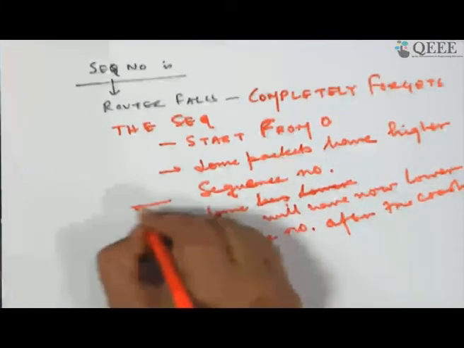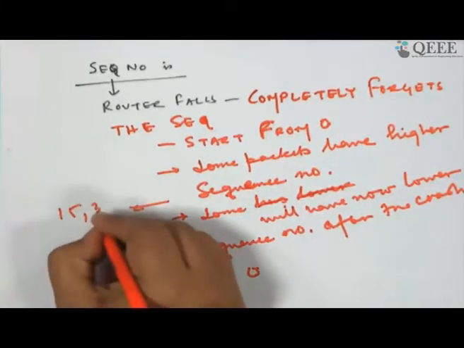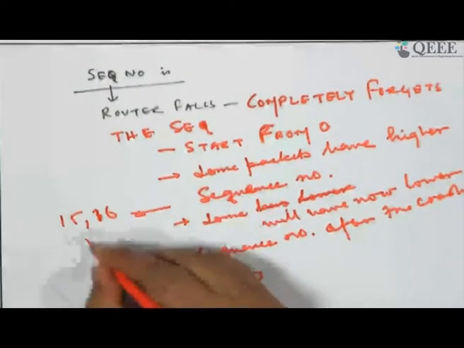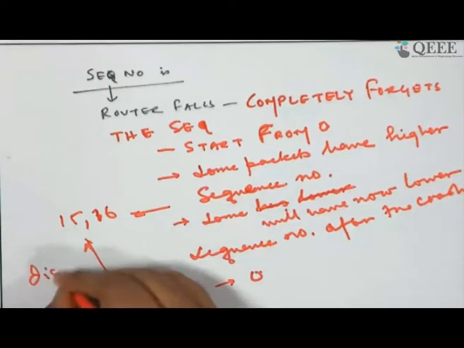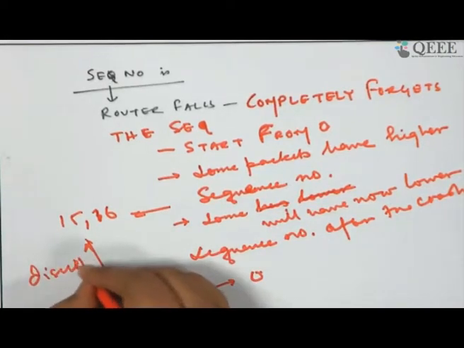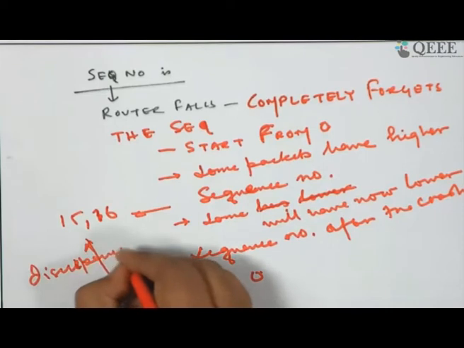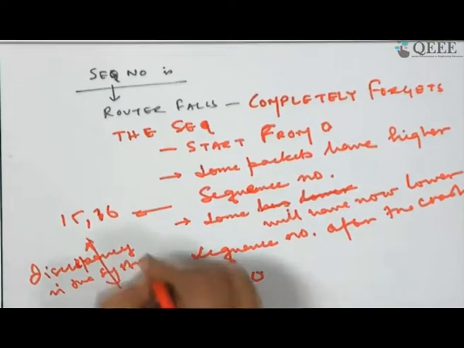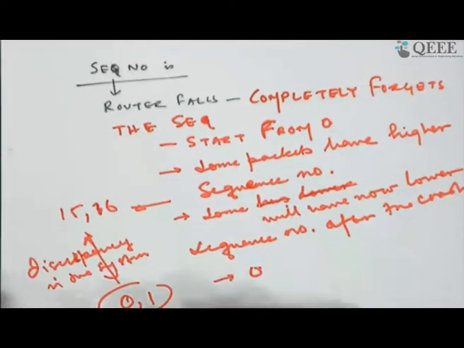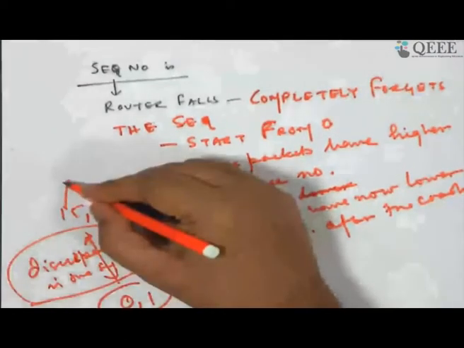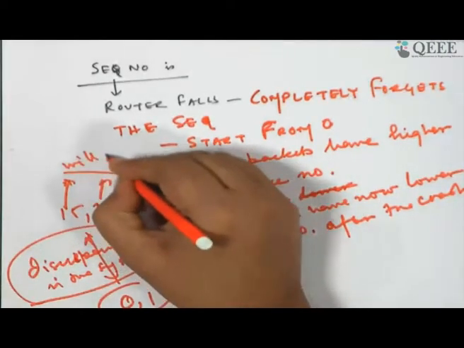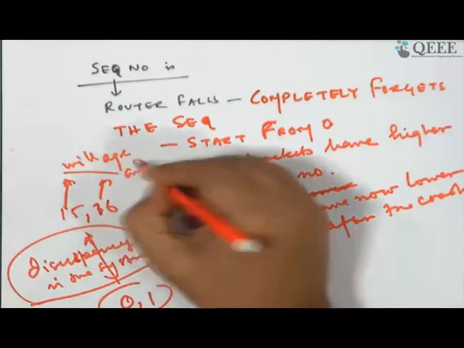Some numbers may be 15, 30, 16 and some may be 0, 1. So there is some discrepancy in the system that will stay, but slowly these packets will age and die.